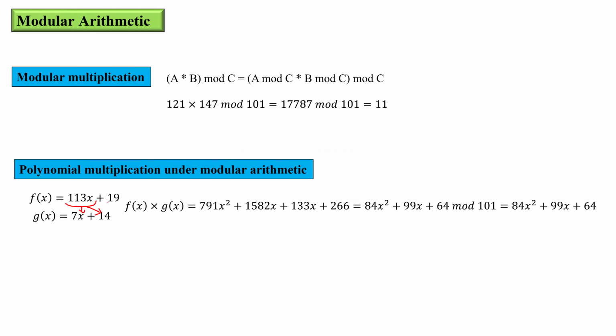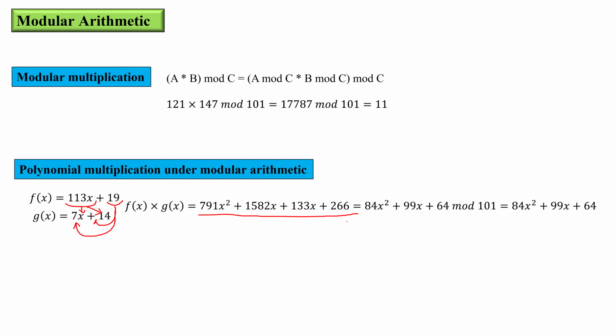And then the next element also should be multiplied by both elements of g of x. So by multiplying these two polynomials, we will reach this polynomial with degree 2.